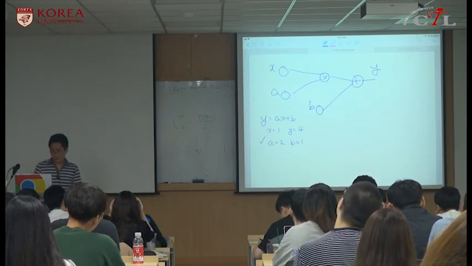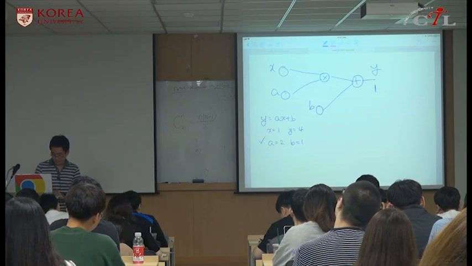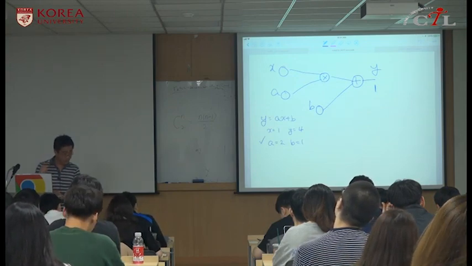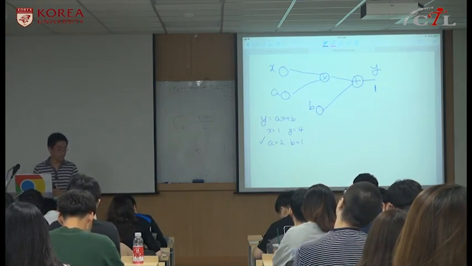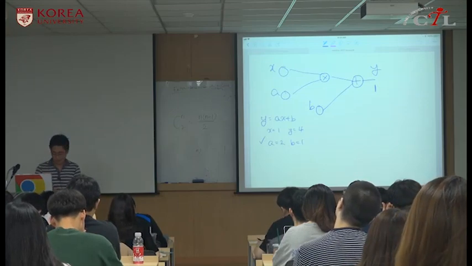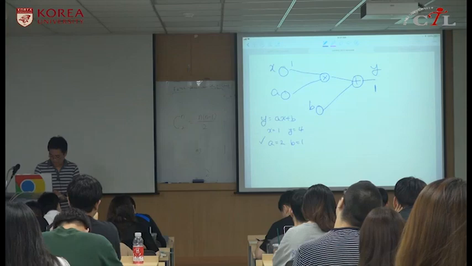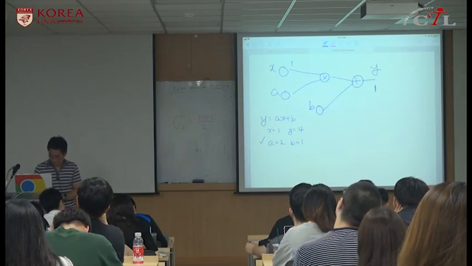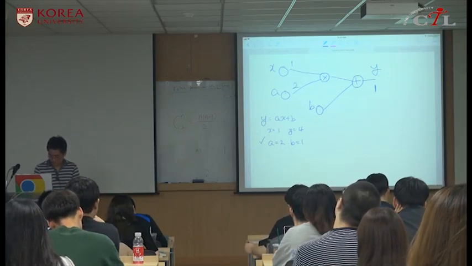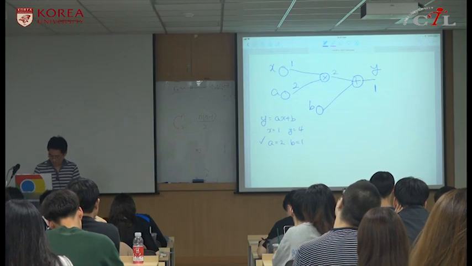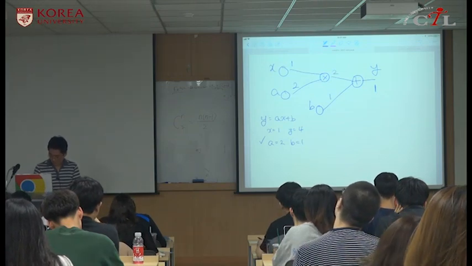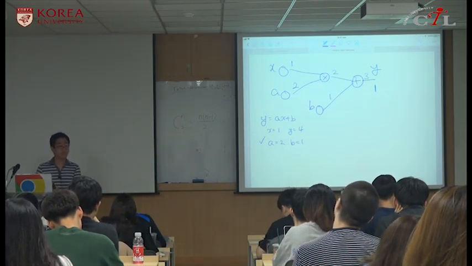I think you have understood some examples shown in the lecture. So x is maybe 1 and 2, and 2 and 1, and 3, something like that, right?